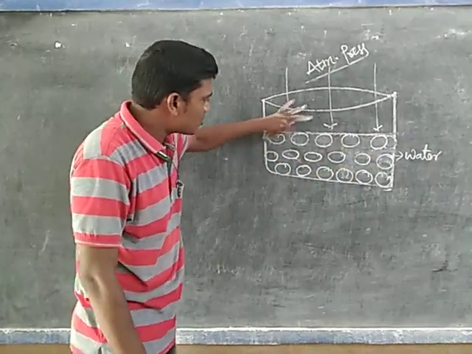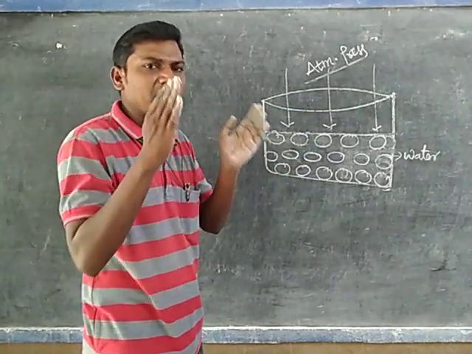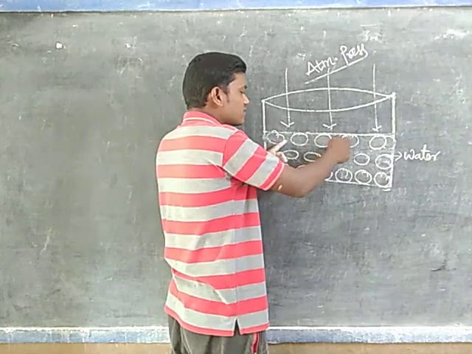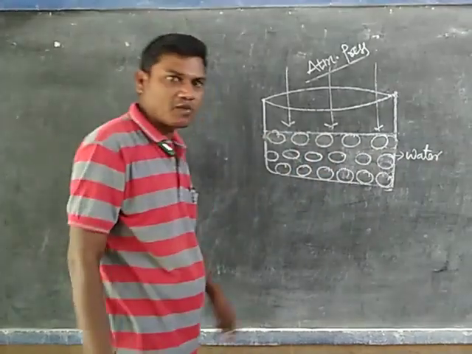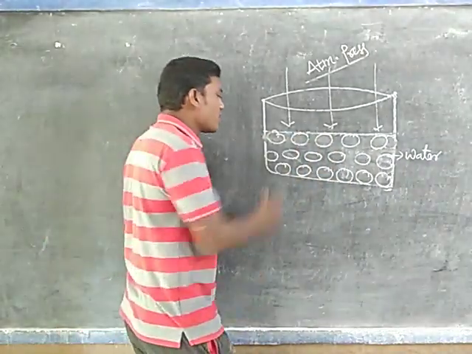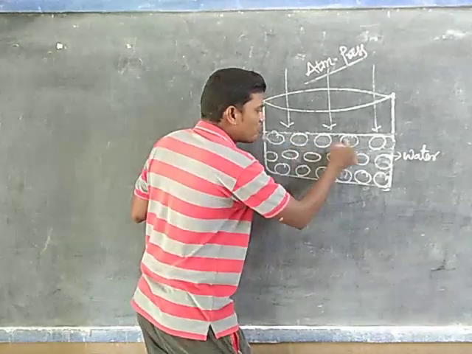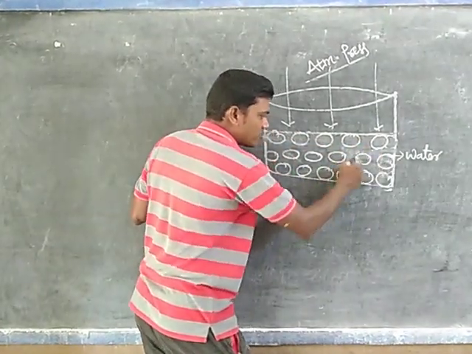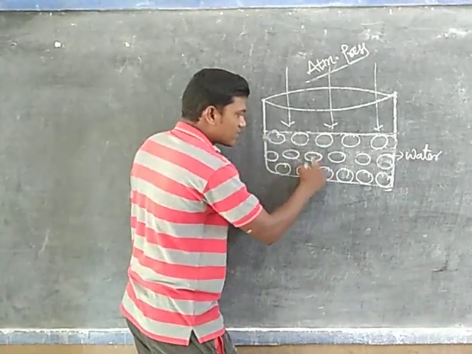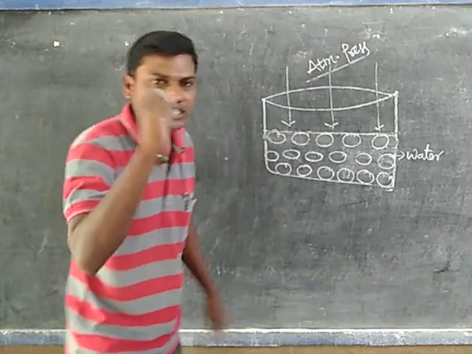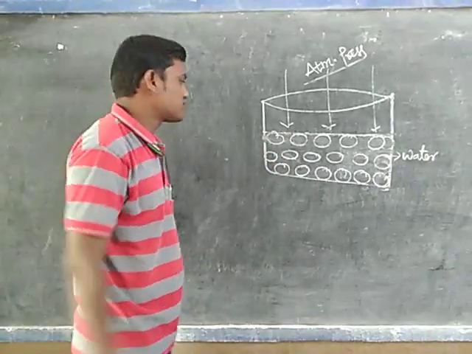Between every two water molecules there is some intermolecular space. For your understanding I draw it large, but actually it is very small, in nanometers only. Between every two water molecules, either in vertical or horizontal direction, there must be some small intermolecular space.